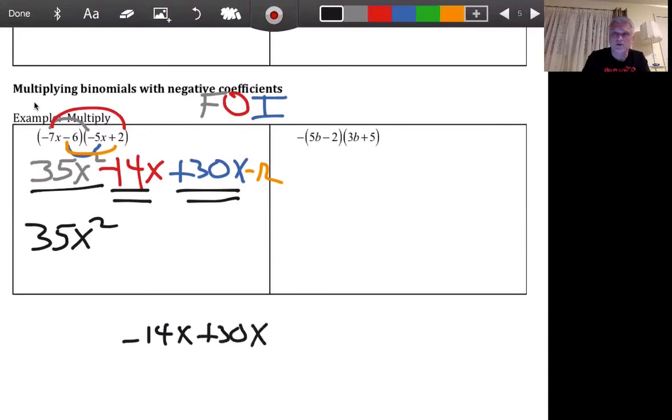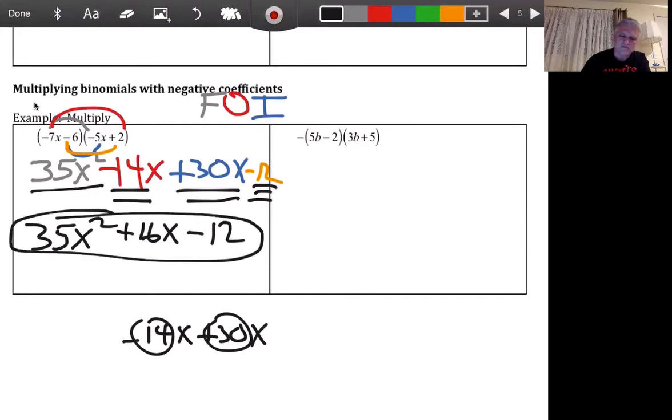So you got to combine those, right? So we take negative 14, add it to 30, and bring the x's along. Negative 14 plus 30 is positive 16. So minus 14x plus 30x gives you plus 16x. And then lastly, we have this minus 12, which we need. There's my answer.